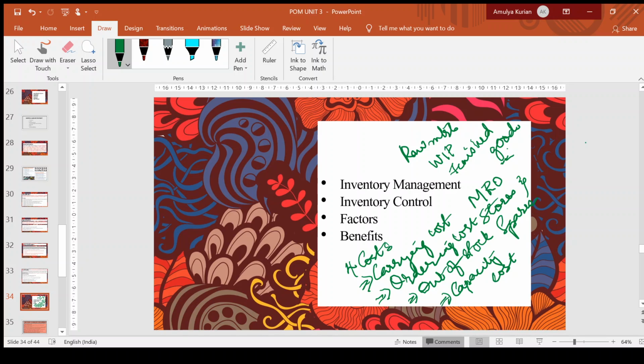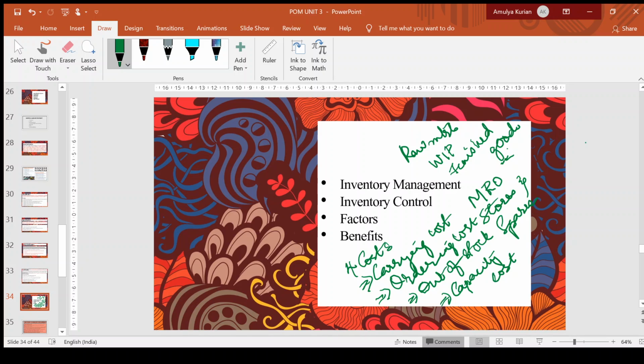Now what is ordering cost? Cost of placing an order with the vendor for the materials is one of the categories of ordering cost. The second one is ordering for the plant. If you're buying any machine setup and things like that, it will again come under ordering cost. In cost of placing an order, like preparing a purchase order, there's an expense incurred.